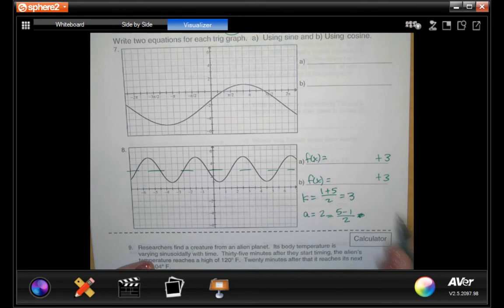And then the thing that's the same on both is also B, right? And B is 2 pi divided by the period. What is the period here? Remember, period is from crest to crest.